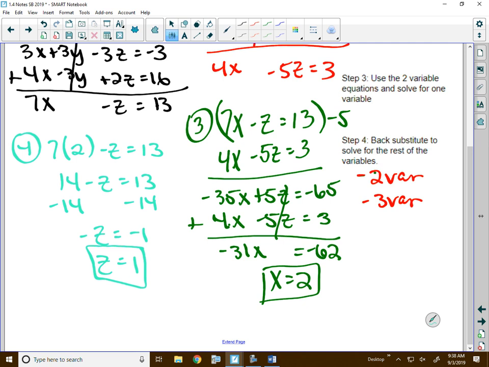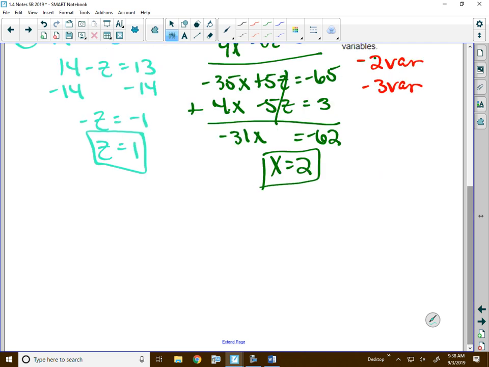Okay, make sure you do both substitutions here. I'm only going to do it on one page since you basically do the same thing over again.